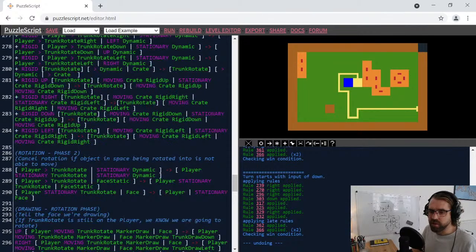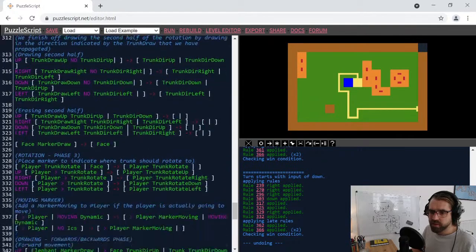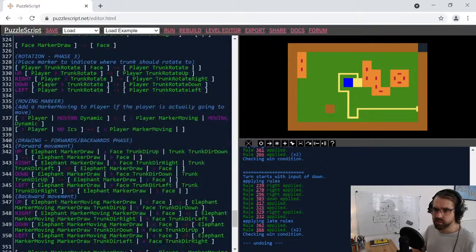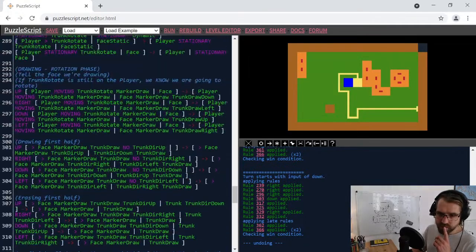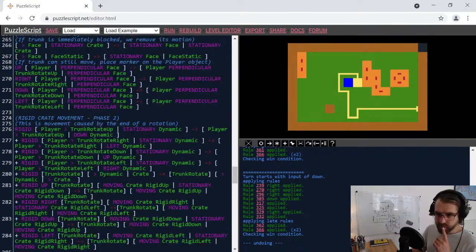Rotation phase 2. Counts rotation space being rotated into is not able to move. Rotation phase 3. Place marked into it where trunk should rotate 2. No, it's too late. Right, so that's the second phase of rotation.